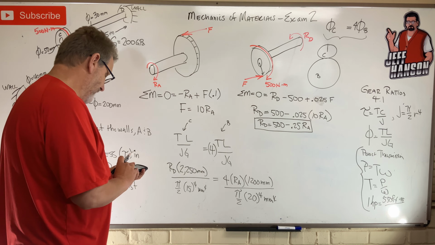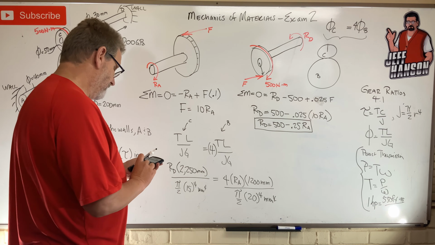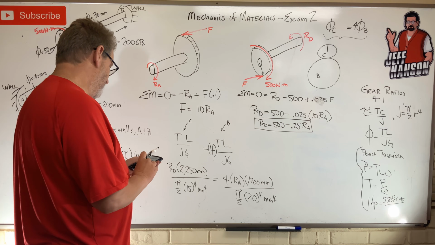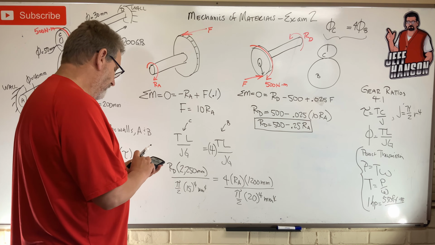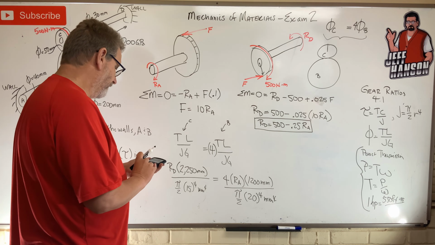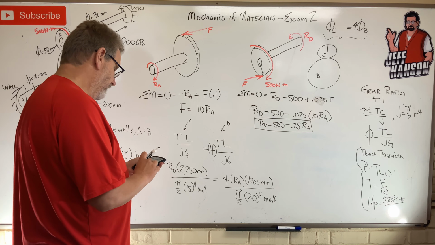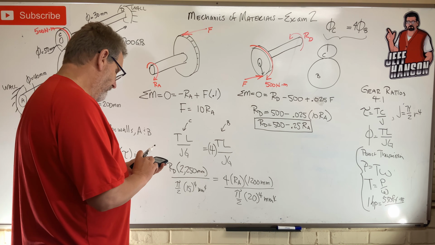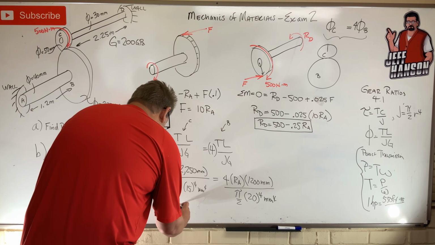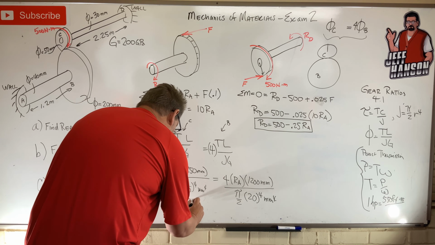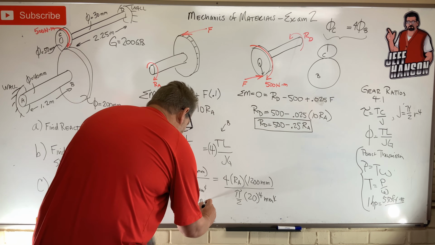Let's see what that gives me here. 2250 divided by 15 to the 4th power, times 2, divided by 3.14159, equals 0.028294236.